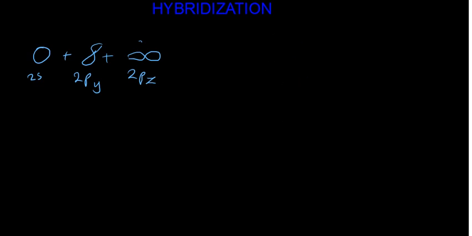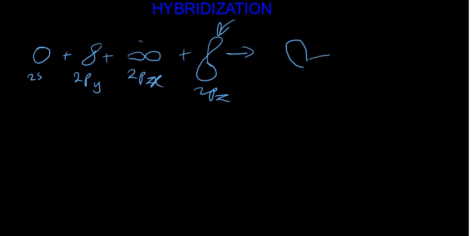So what we are going to form, remember, we have got one which is the 2p, oh, this is x, so the 2pz. So this one hasn't undergone hybridization. So what we are going to form is one orbital like that, another one like that, another one like that.